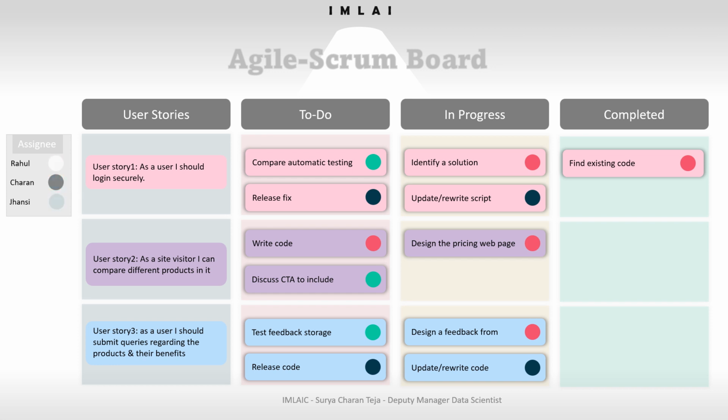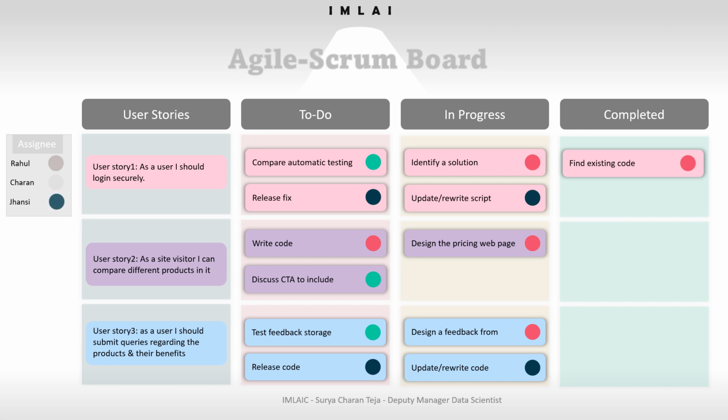These are the 2 tasks from 2 different user stories. And if you take Charan, he is presently not working on any of the tasks he had to work on. And then Jancy is presently working on 2 tasks, that is update or rewrite script from user story 1 and then user story 3.